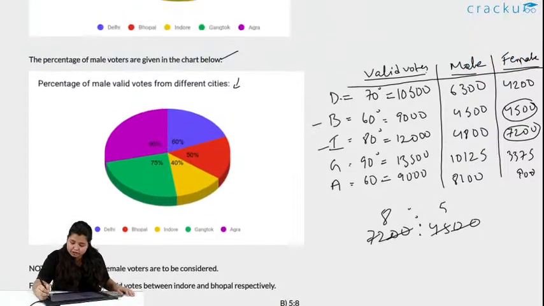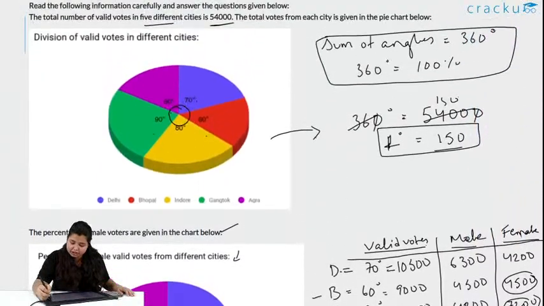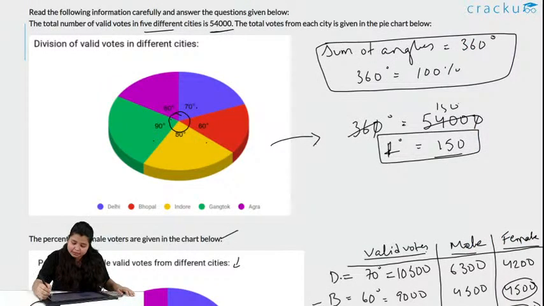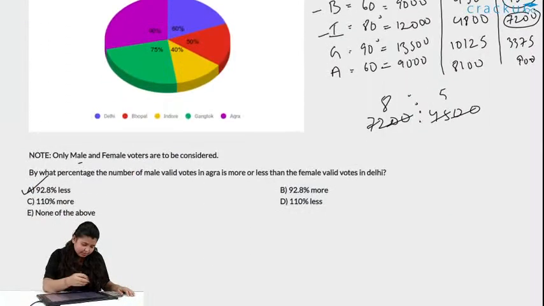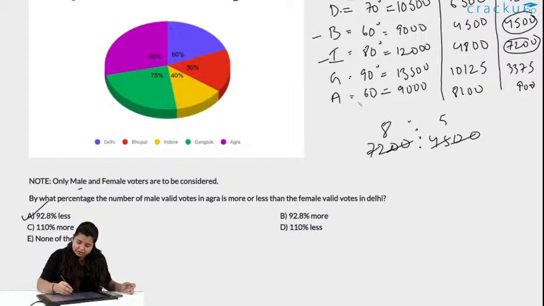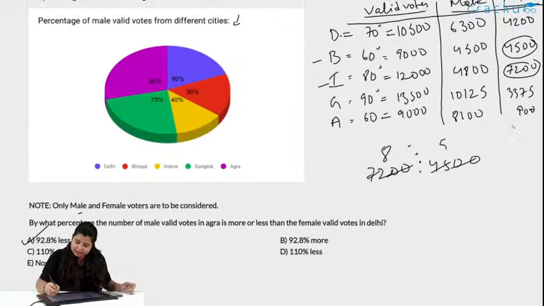The next question, question 2 of this pie chart set. By what percent is the number of female valid votes in Agra more or less than female valid votes in Delhi? So, let us see what the female valid votes in Agra are. Female valid votes in Agra is 900, and then female valid votes in Delhi is 4200.